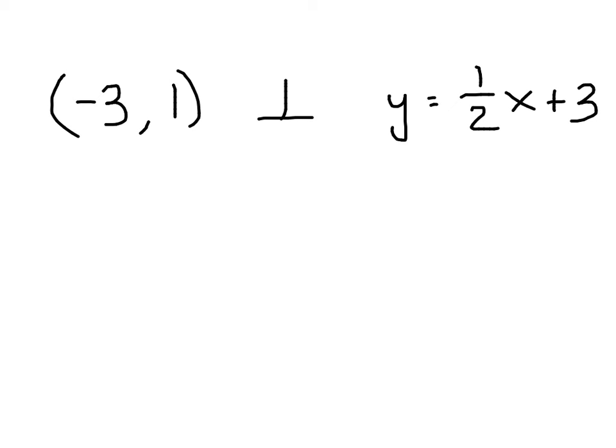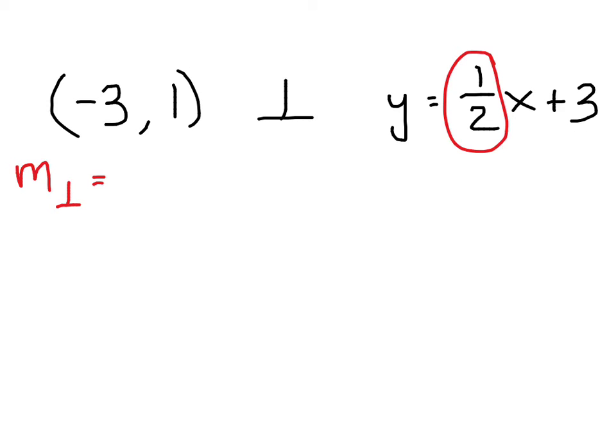So, first thing I want you to do is, what's the slope of the line that they give you? So what's the slope of this line that's over here that they give us? 1/2. Good. So you've identified that the slope is 1/2. Now, to get the slope of the perpendicular, which is an upside down capital T, I need to flip it and reverse it.